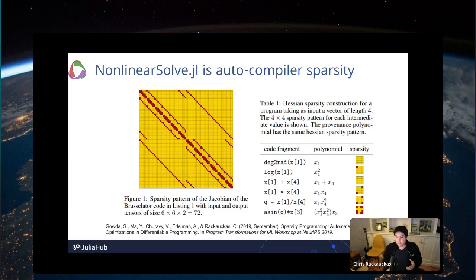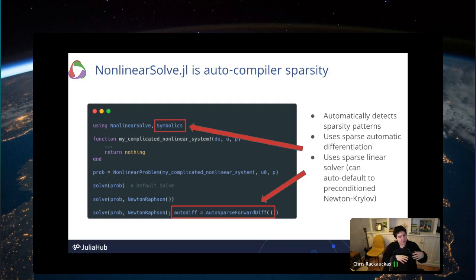So fully automatically, we discover what the sparsity pattern is, and then we apply optimizations which make use of the sparsity pattern both in the way that the Jacobian is generated and in the way that we do the solving of the nonlinear system. So in terms of the factorizations, and not only that, it also automatically makes use of automatic differentiation for that sparse Jacobian construction.